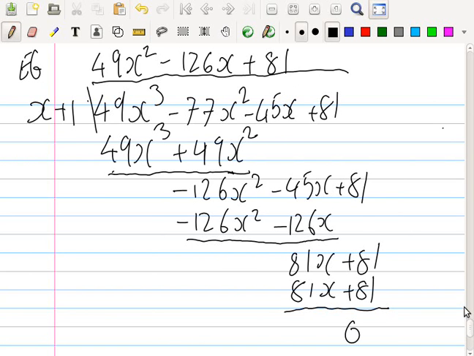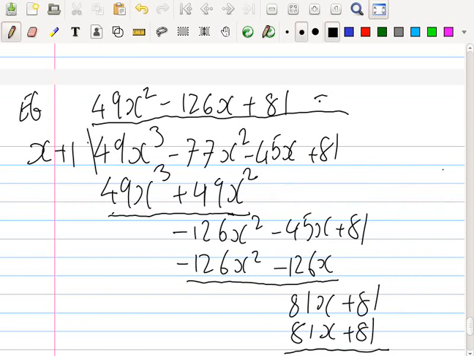But can this be simplified? Can you factorize this into two smaller factors, two linear factors? Well, if I check here, b squared will be a very big number, minus 4ac, so it'll be positive, possibly 0. Did anyone calculate the discriminant here?